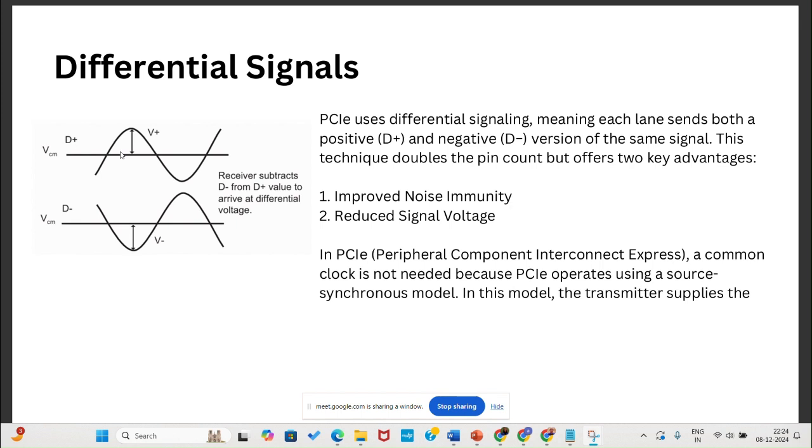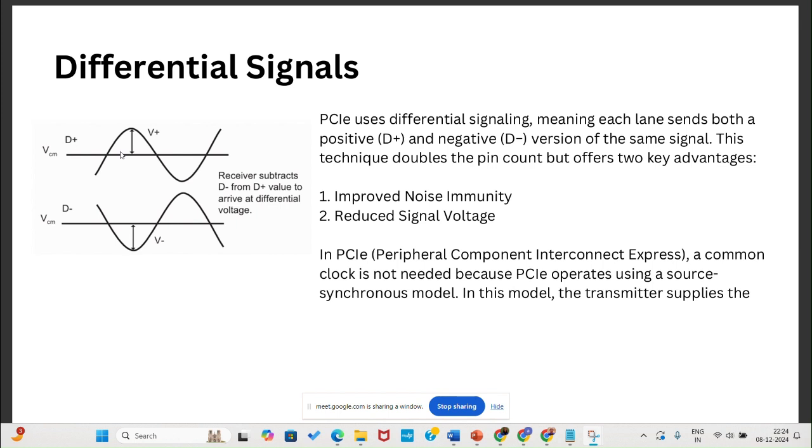So let us discuss PCIe differential signals. PCIe uses differential signaling, meaning each lane sends both a positive and negative version of the same signal. This technique doubles the pin count but offers two key advantages. It improves noise immunity since both signals travel closely together.